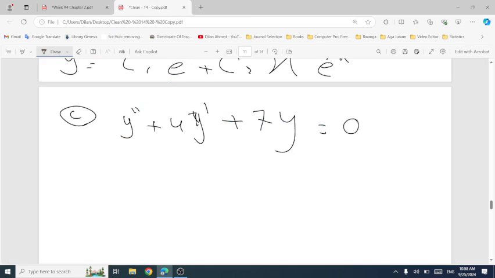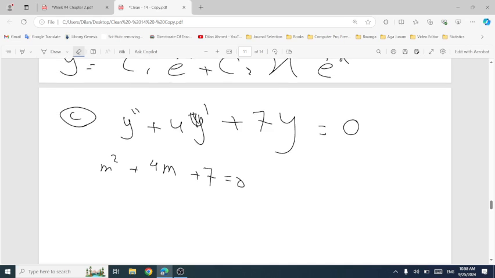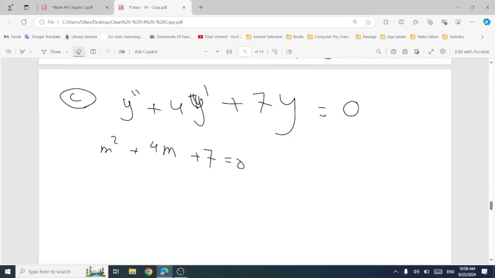So here's 0, everywhere 0. So how do we deal with that one? Yalla, change it to m squared plus 4m plus 7. So can we make two parentheses? Yes? No, we can't. So how do you solve this one?